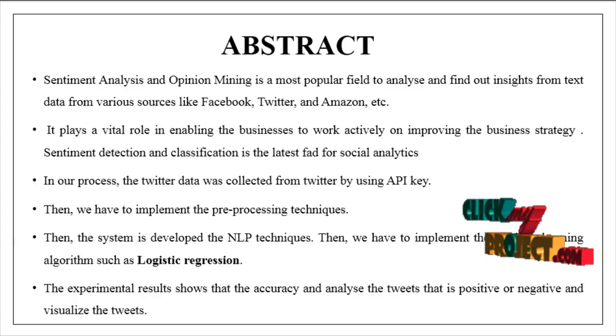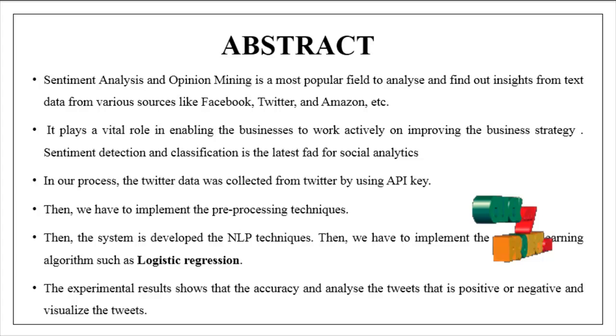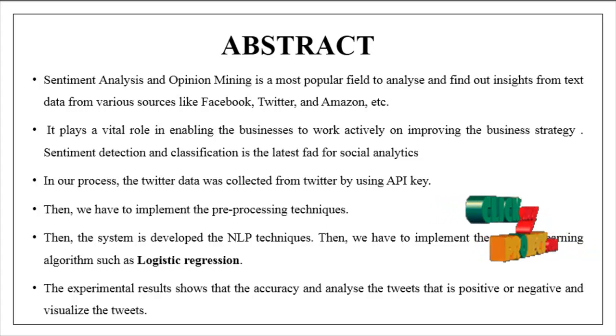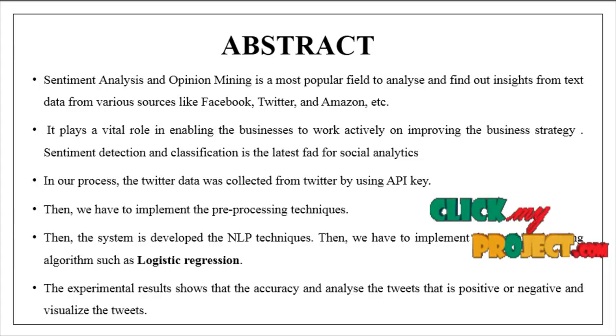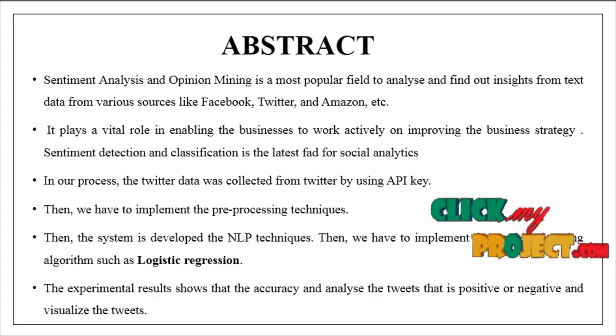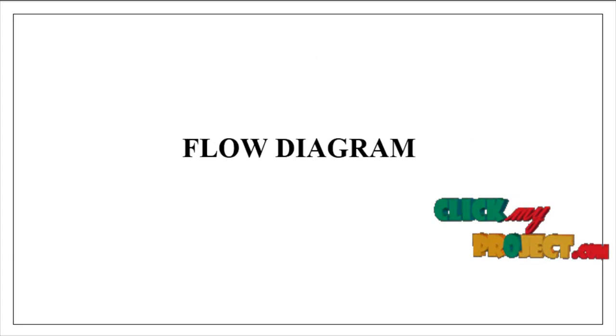Then we have to implement the machine learning algorithm such as logistic regression for analyzing the tweet, that is positive or negative. Then the experimental result shows the accuracy and visualizes the tweets, that means how many tweets are positive and how many tweets are negative, in the form of a graph. So this is the overview of our process.